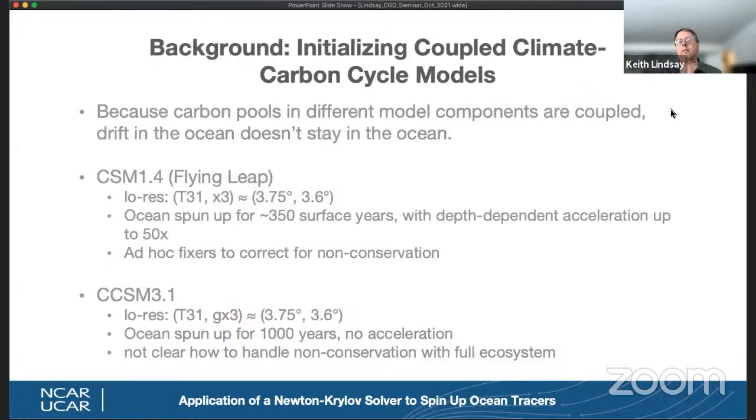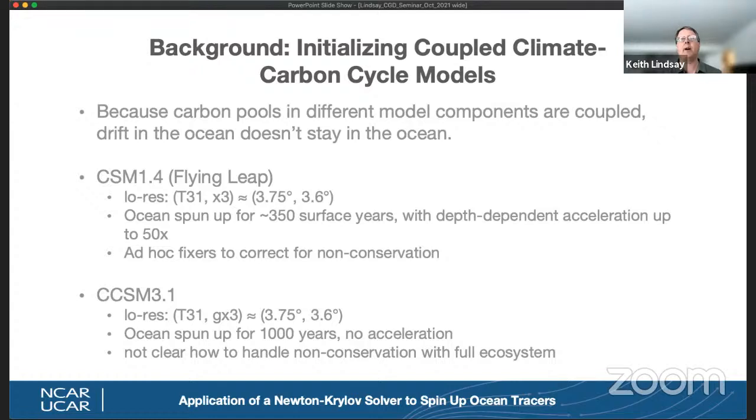So I'm going to give a little bit of background here on one of the reasons that I'm looking at this work. One of the applications of spinning up these ocean tracers is a project that I've been doing with the Community Earth System Model for many years, coupled climate carbon cycle modeling and initializing these models.